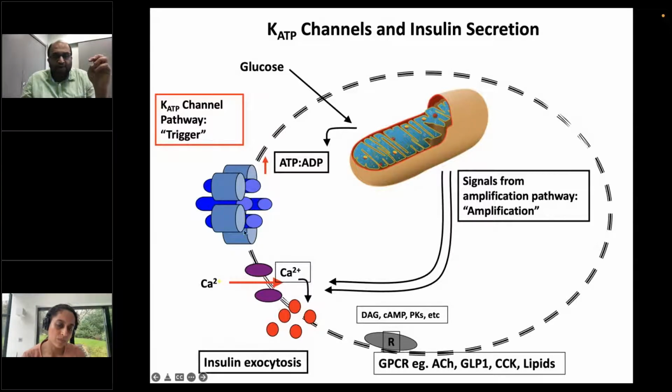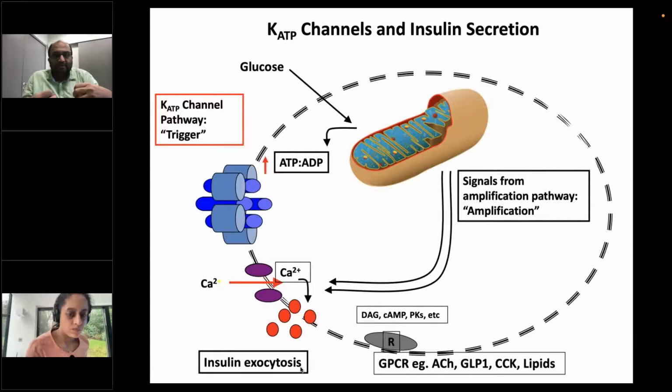Normally, glucose enters into the beta cell, it undergoes glycolysis, and there's an increase in ATP production. As a result, it triggers the KATP channel pathway. It then depolarizes the beta cell membrane and opens up the calcium channels. The calcium then enters into the cell, and that causes insulin secretion from the beta cell.